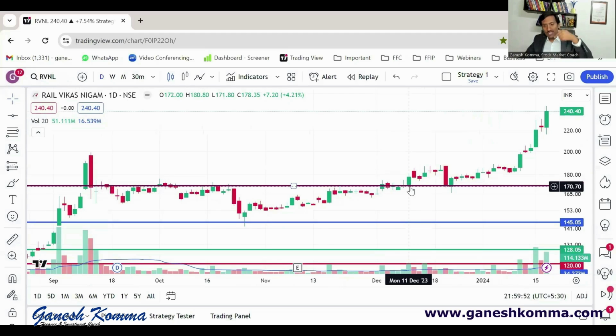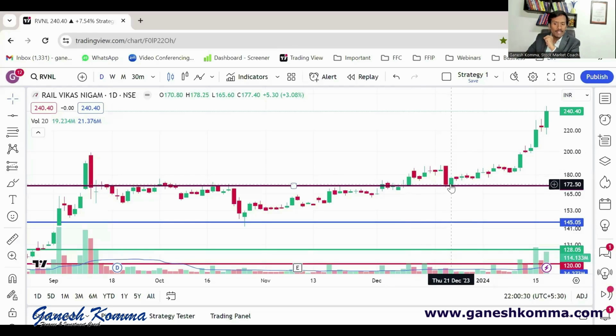After this candle is formed, at the close of the candle at either 315, 320, or on the next day, you'll be taking an entry, provided you get a green candle on the next day. Or on the same day, 11th December, as the candle is perfectly forming at the closing of the trading day at around 3:30, between 3 to 3:15 or even 3:15 to 3:30, you take an entry here.